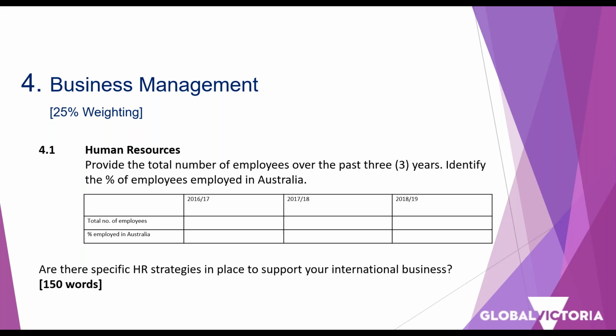The second component of this question, and this is new in this year's application, any specific HR strategies that you have in place to support your international business. 150 words, and the judges here are looking for things like you give your employees that are working on the international business things like cultural sensitivity training, language training, that you have a policy of employing people from a host of different cultural backgrounds, that you have flexible working hours to accommodate customers in different time zones, etc. So what are the specific HR strategies that you have in place to support your international business?